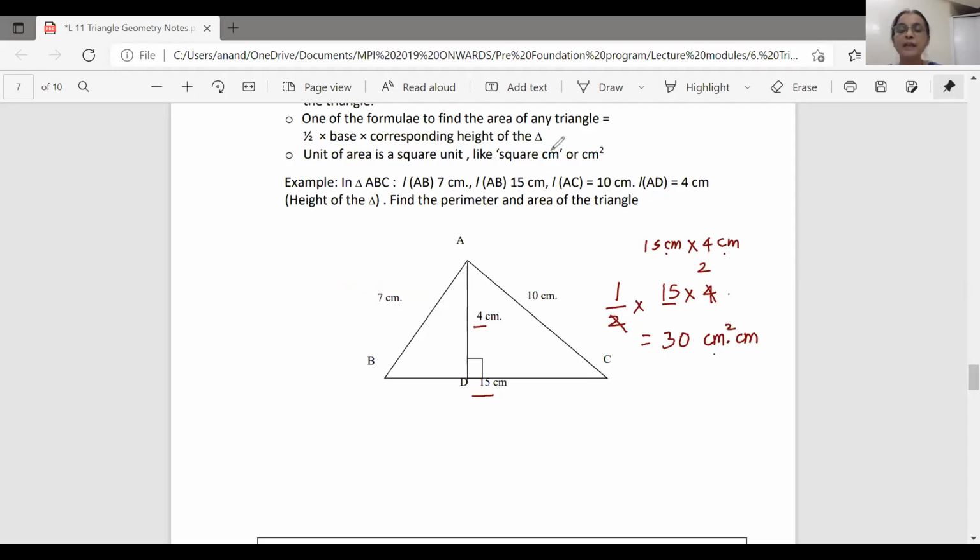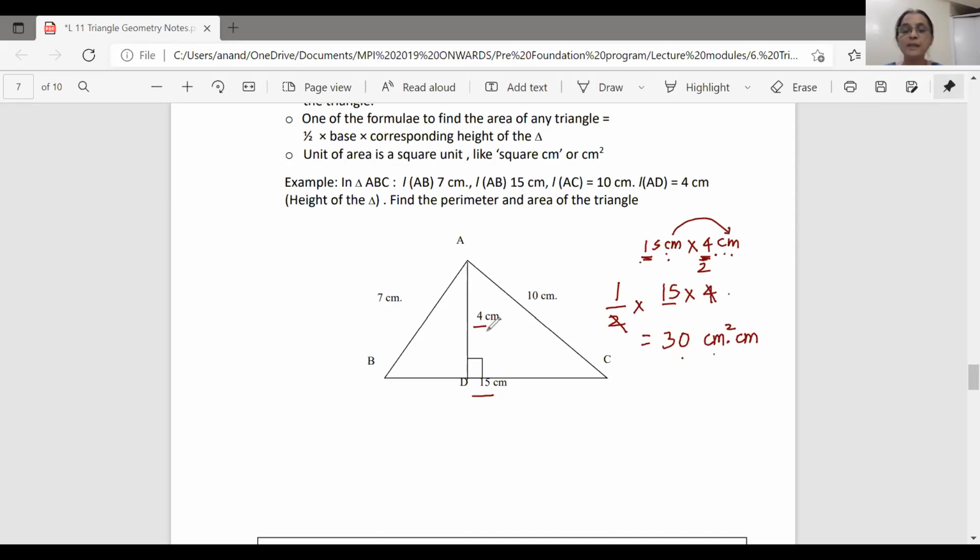And in perimeter, I'm adding centimeters. So it is not becoming centimeter square or cube. It remains centimeter. But here I'm multiplying centimeter by centimeter. What I do with numbers, same I have to do with units. So I'm multiplying 15 by 4, 60 divided by 2 is 30.